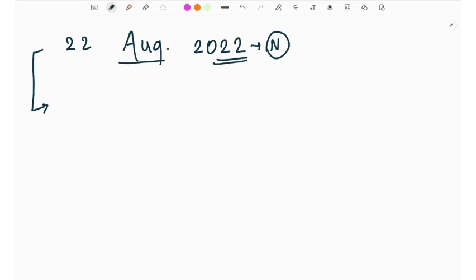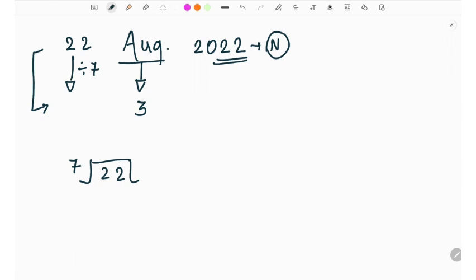For the normal year and the leap year, only the codes for January and February are different. The code for August, whether it is a leap year or a normal year, is the same. So the code for August is 3. If I start dividing the date by 7, that is 22 divided by 7, what I will look at, students, is just the remainder over here.